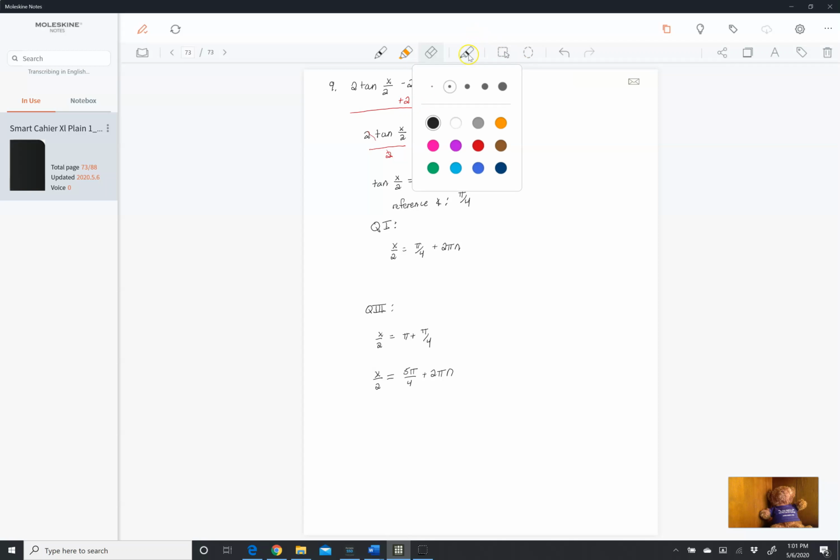In this case, we're multiplying both sides by 2, and you're distributing to everything. So now we have our two answers. We have x equals 2 pi over 4 plus 4 pi n.